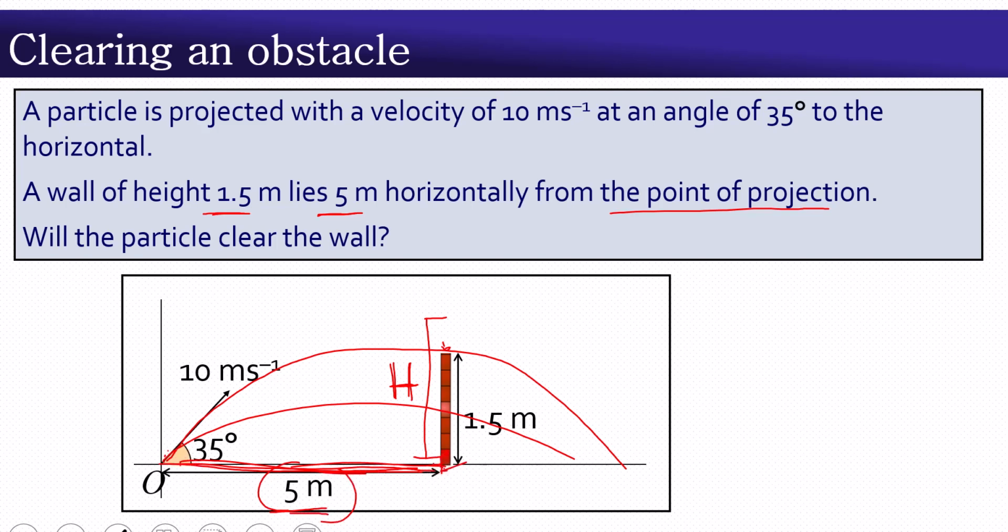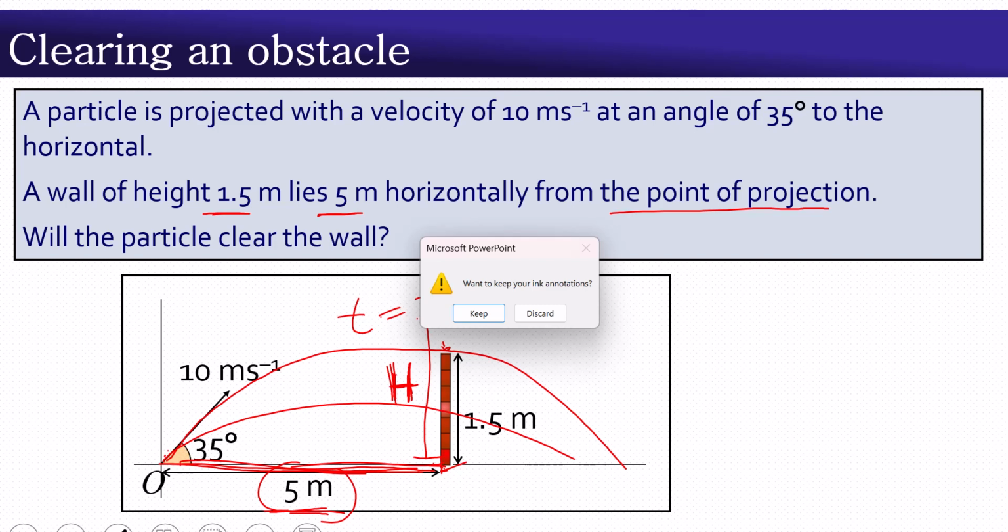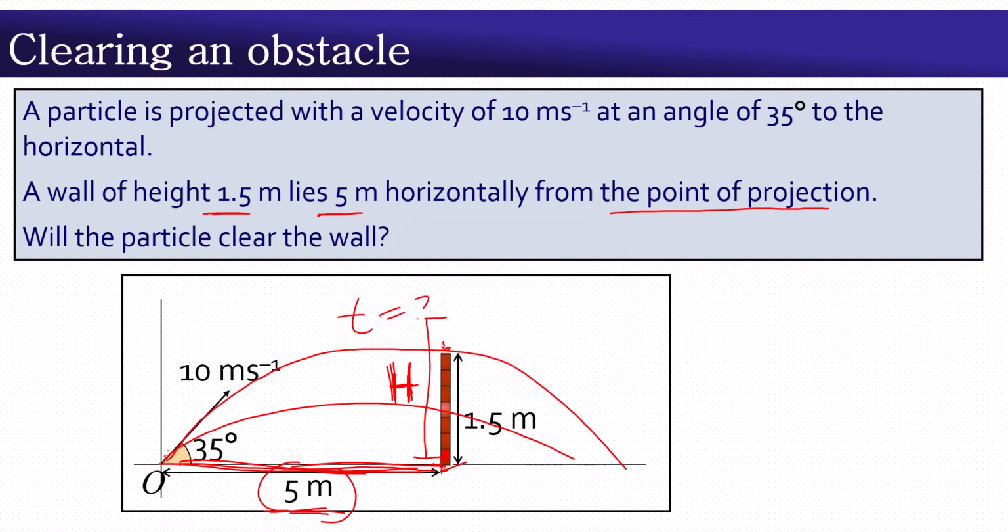After getting that time, we can calculate the vertical displacement for the particle at that time. So the first thing to do is find the time when the particle will be 5 meters from the point of projection. So let's go and calculate that time.